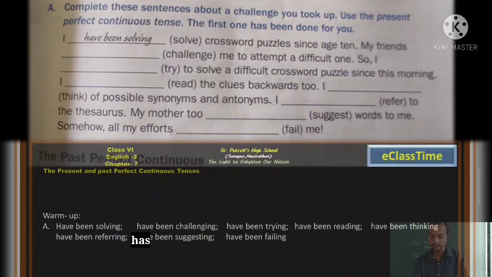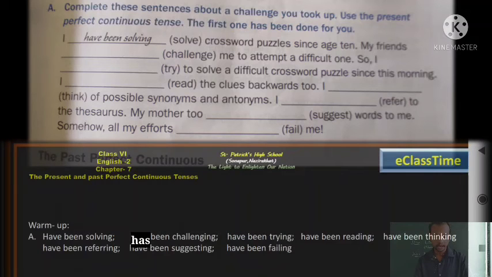Again I have been referring to the treasures.